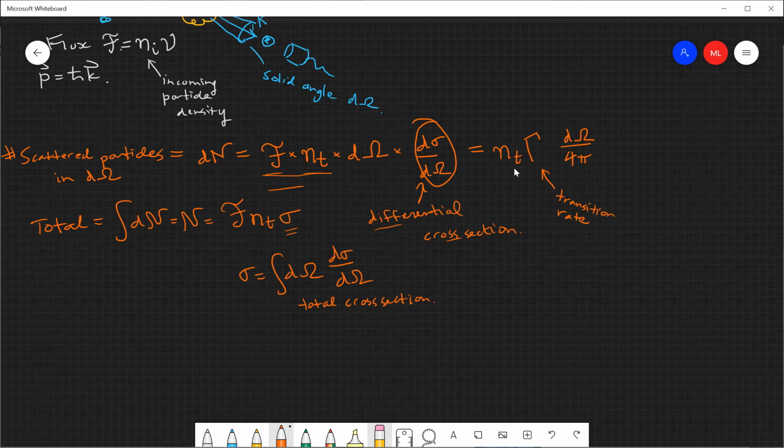So you can see from this that you can actually get what the differential cross section is in terms of the transition rate. Everything's identified already, and now we can have a better understanding of the transition rate. We have here the flux and the differential cross section. That has to be equal to gamma divided by 4 pi, because everything else is the same in the two equations.